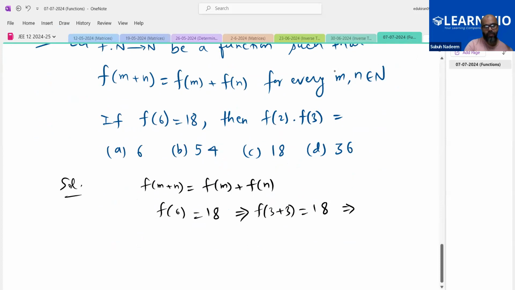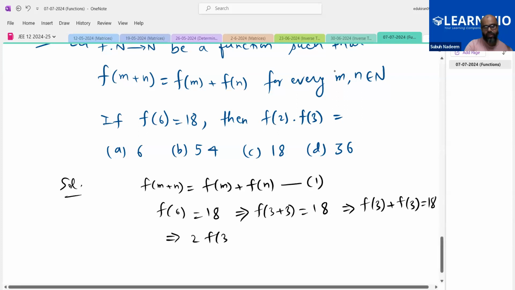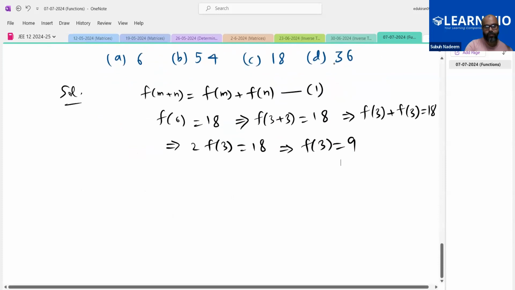And f of 3 plus 3, from this relation, can be written as f of 3 plus f of 3 is equal to 18. So it will become 2 f of 3 is equal to 18, which means f of 3 will be equal to 9. So we came to this result. This is the second result.